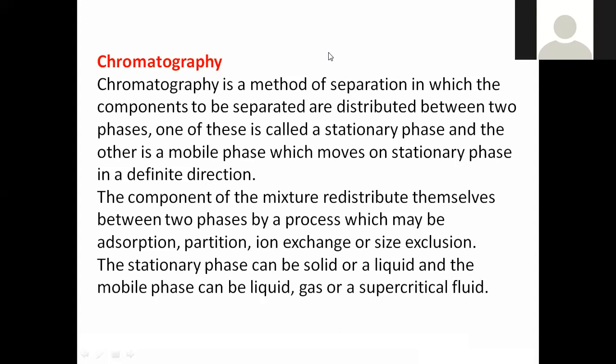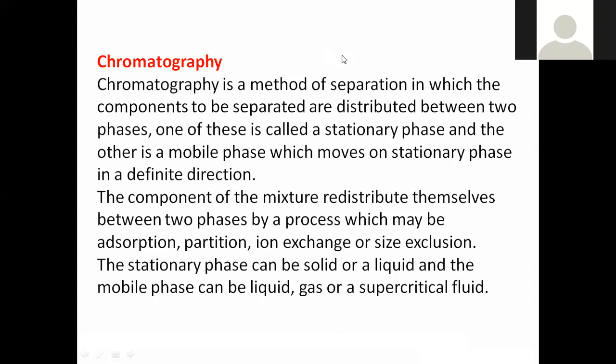The components of a mixture distribute themselves between the two phases. When the mixture of components is loaded on the column, they distribute themselves between the stationary phase and the mobile phase, which may be on the basis of their adsorption capacity.